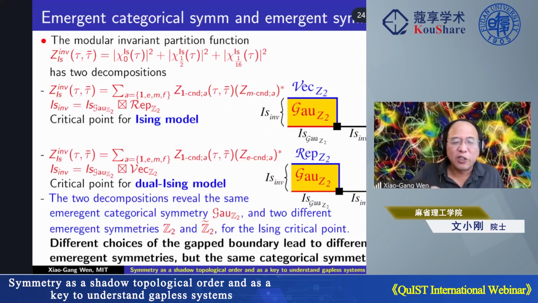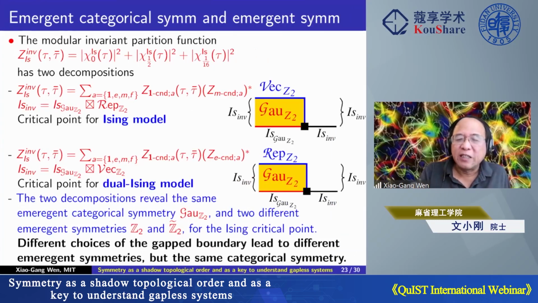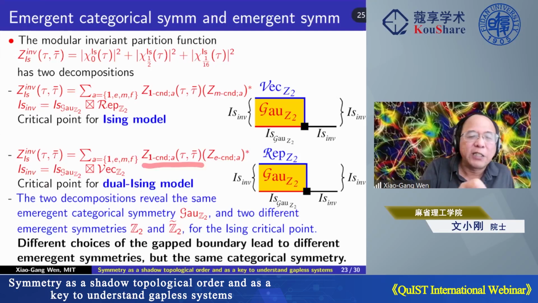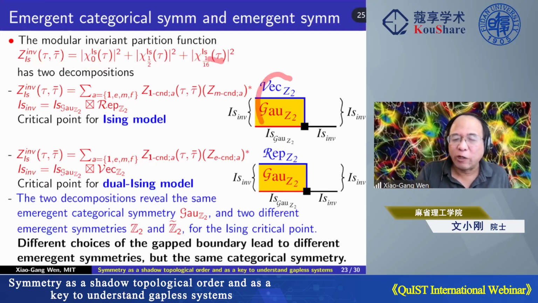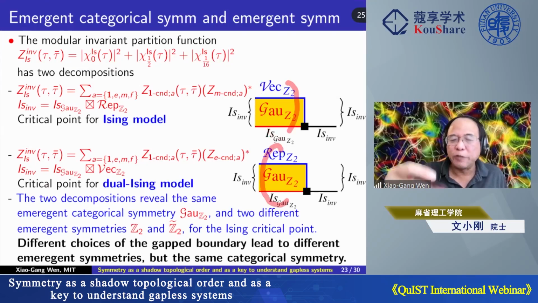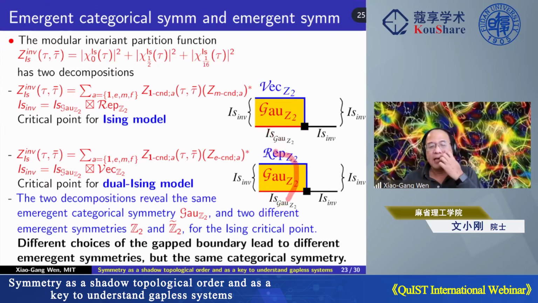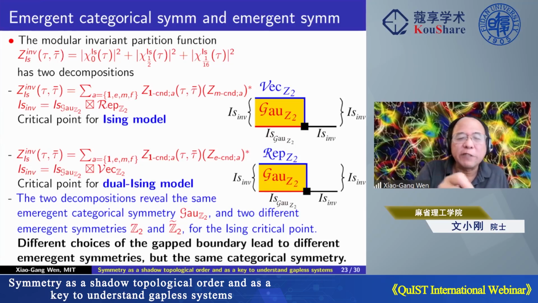And so from here we can see that this modular invariant partition function of the Ising model allows this decomposition and also allows that decomposition. So there are two different kinds of decomposition. And so it means that this modular invariant partition function of the Ising model would have this Z2 gauge theory in one higher dimension as categorical symmetry.